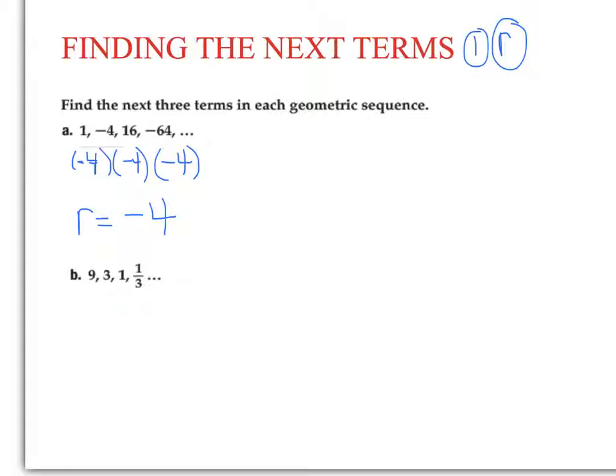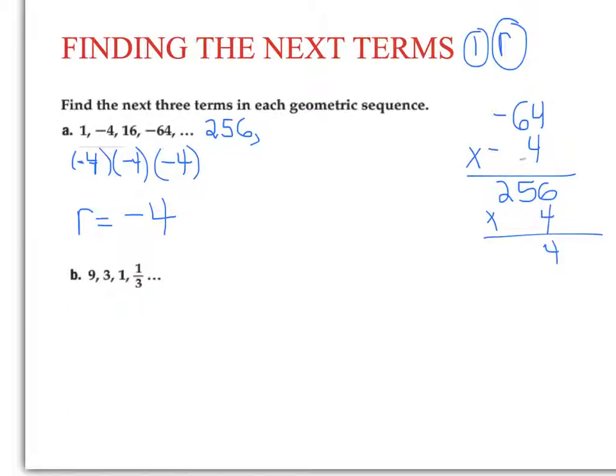Now if I want to find the next 3 terms in the sequence, I'll do -64 times -4, and that gives us positive 256. And then to find my next term, I'm going to take 256 and multiply it by 4.